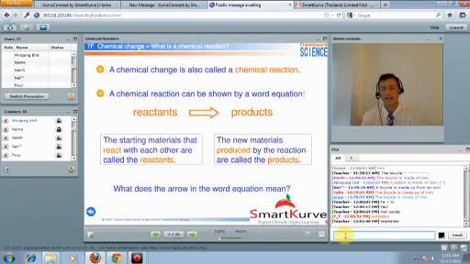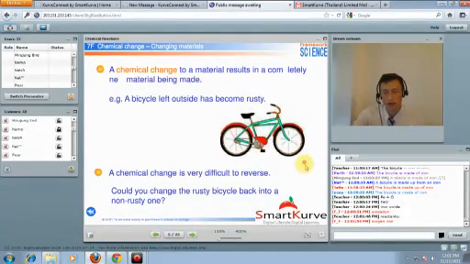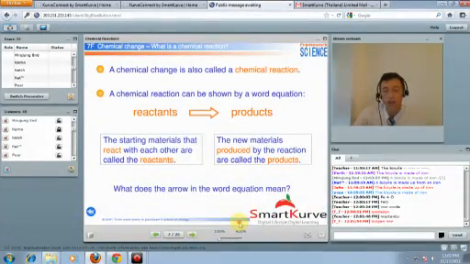What are the two reactants in the example of the rusty bicycle? Oxygen and iron. Terrific. What is our product? We have one product there.